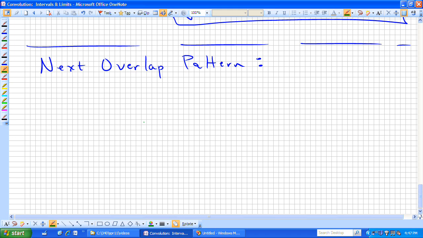For the next overlap pattern, again, h of lambda hasn't changed.